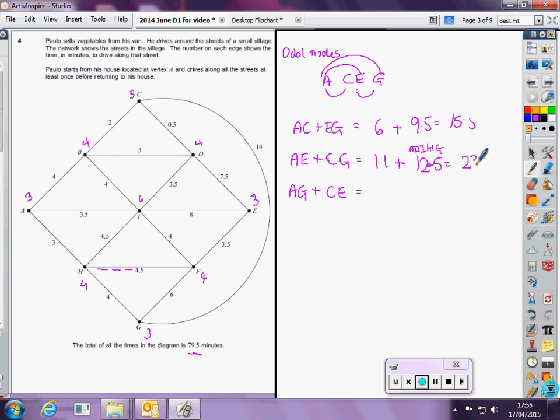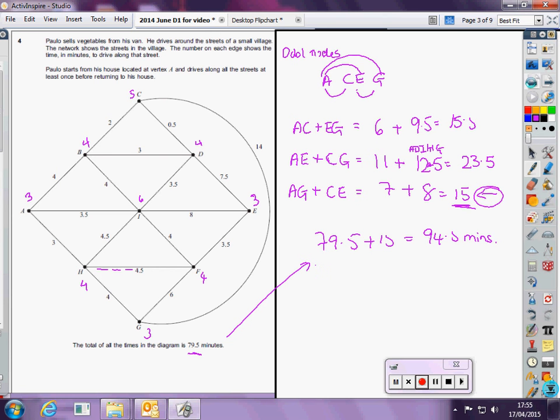So that gives us a total of 23.5, and the last one, A to G, looks like the quickest is 7, and C to E, the shortest is going to be 8, which gives us 15. So this one is our smallest one. So the minimum time would be the 79.5 that we've got, plus our smallest one, which gives us 94.5 minutes, because we're talking minutes here.